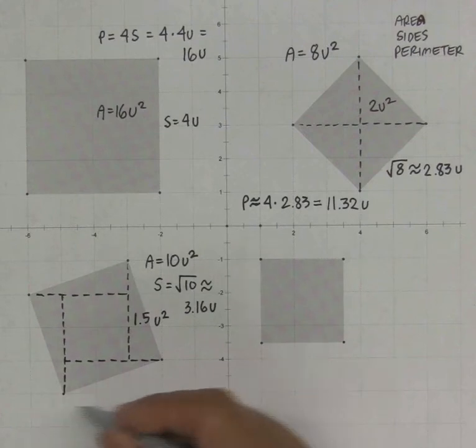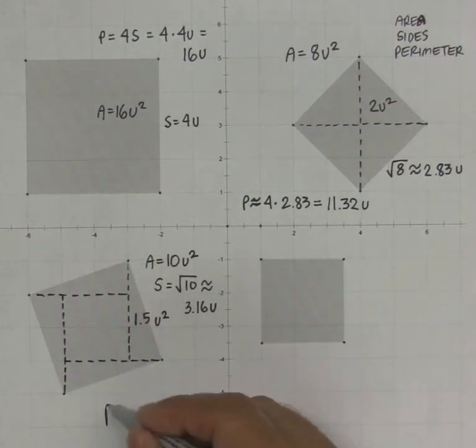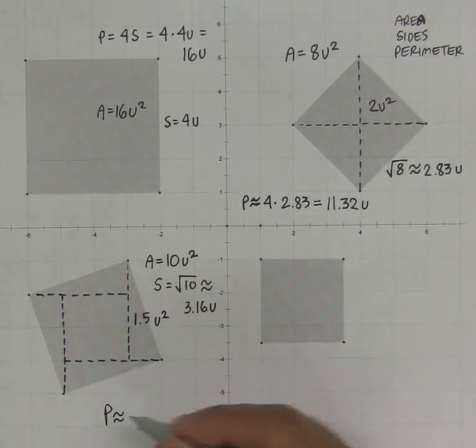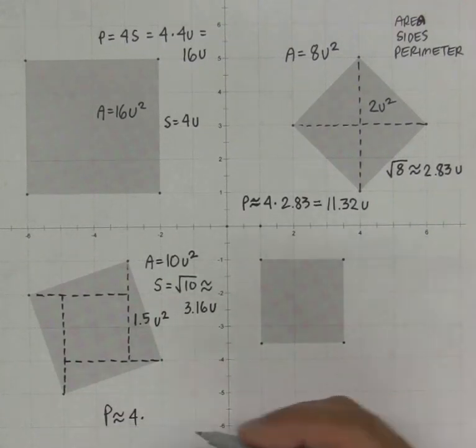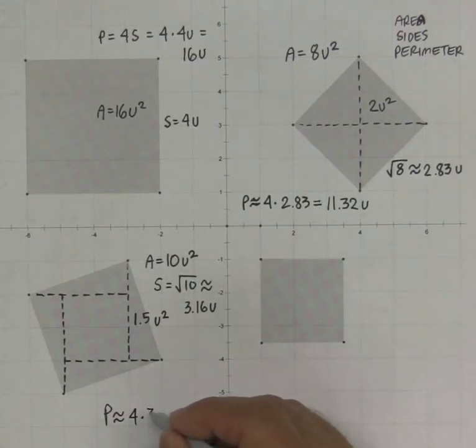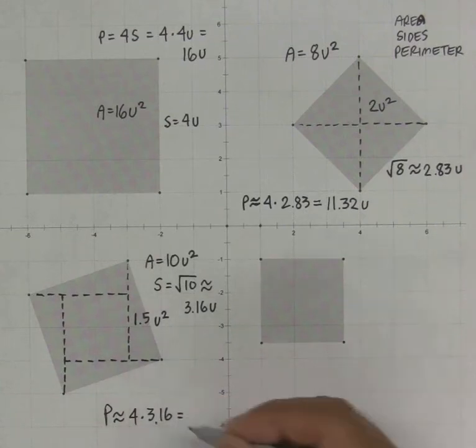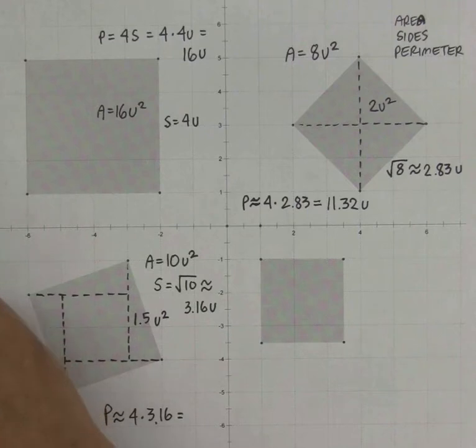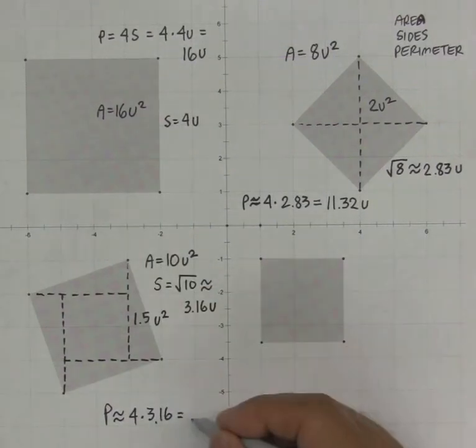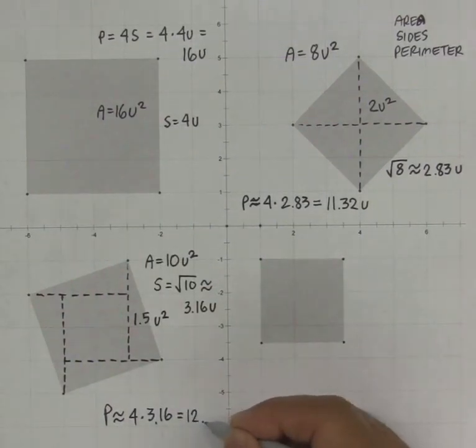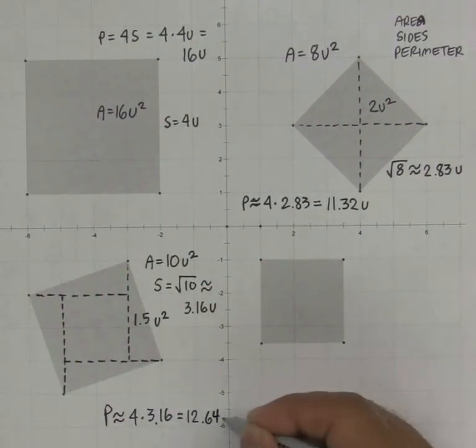So the perimeter of this square is going to be approximately 4 times 3.16, which would be 12.64 units.